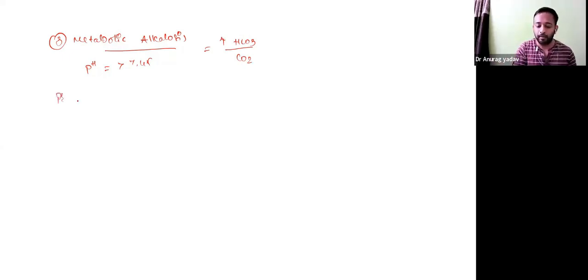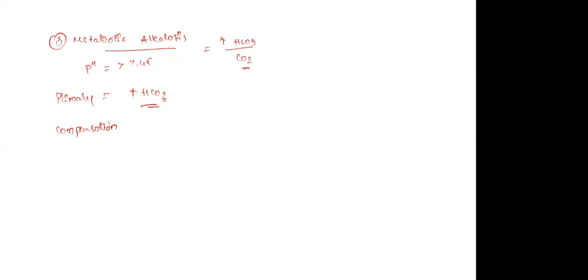So what is the primary defect now? The primary defect is increasing bicarbonate levels. Increasing bicarbonate levels is the primary defect in metabolic alkalosis. Now, what should be the compensation? What happens to the carbon dioxide? Will it increase or decrease? Increase.